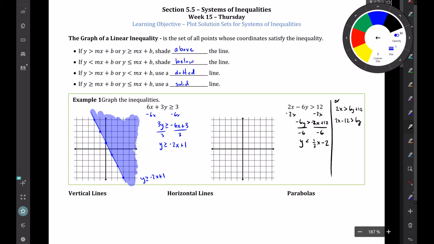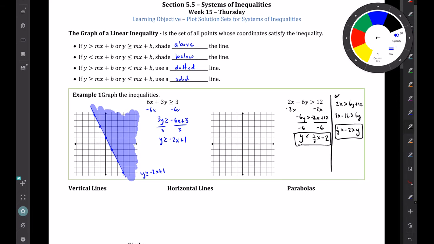So then when you divide both sides by 6, you get 1/3 x minus 2 is bigger than y. So either way, you should end up with this. Either you divide by a negative number and you remember to flip, or you add the negative number over to the other side and then you don't have to divide by a negative number anymore. Okay, in either case, that's the inequality.